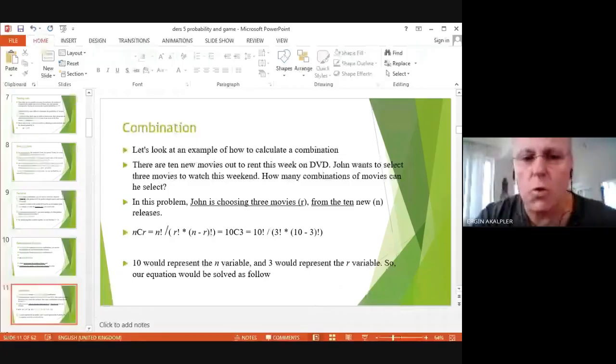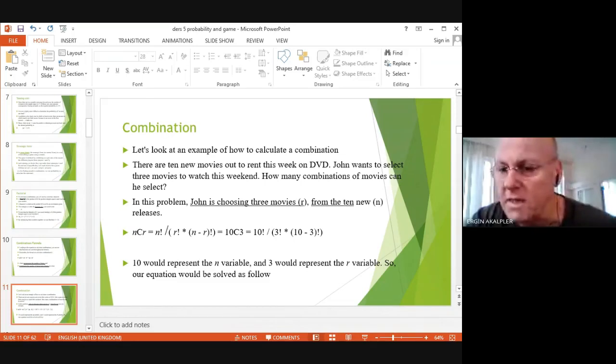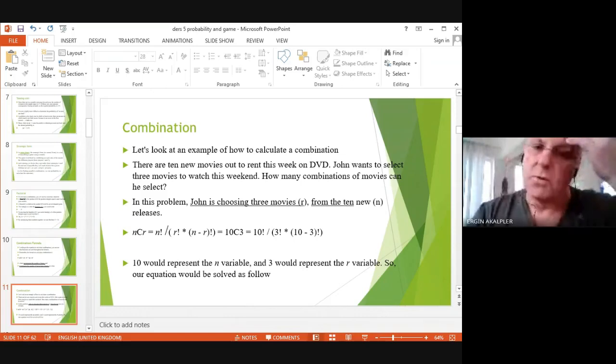There are 10 new movies out to rent this week at the DVD shop, of which 3 movies are offered this week, and these 10 movies are brand new in this shop. How many combinations of these movies can be selected? Do you see this example? Are you able to see this, Hatice? Yes. Okay, good then.